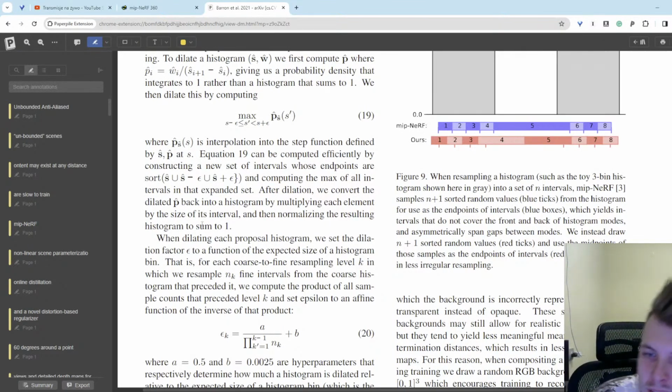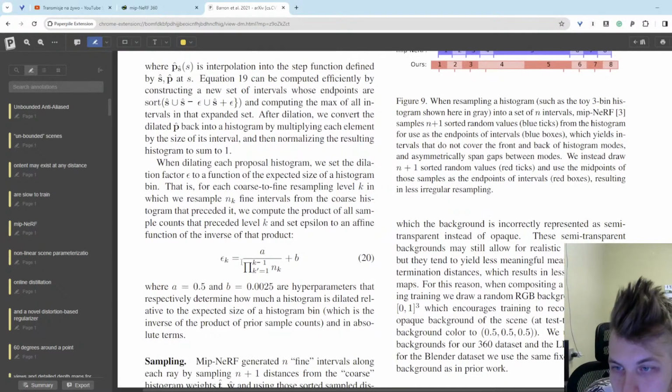And they make it wider by thinking, okay, how wide is the fine layer, the expected size of a histogram bin. Inverse of that product, yeah.